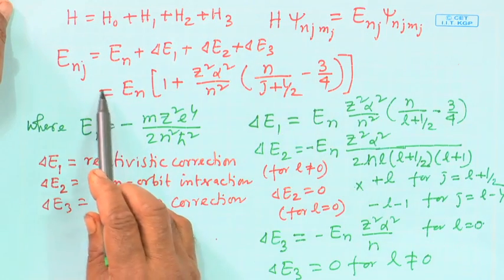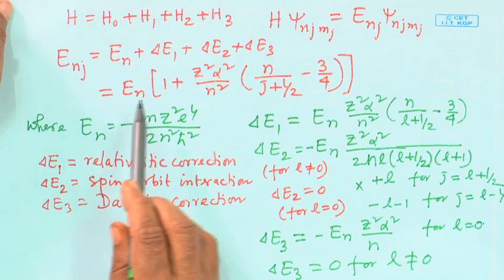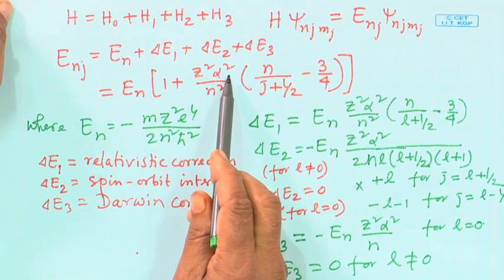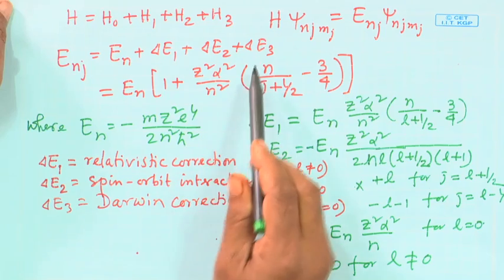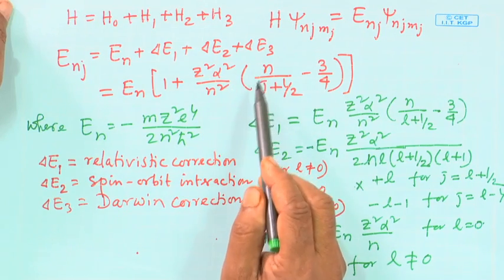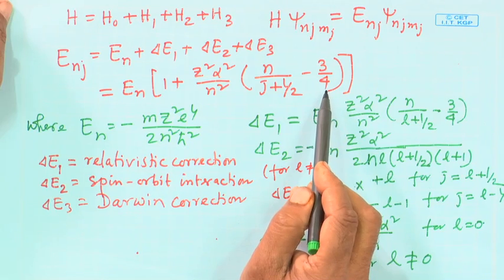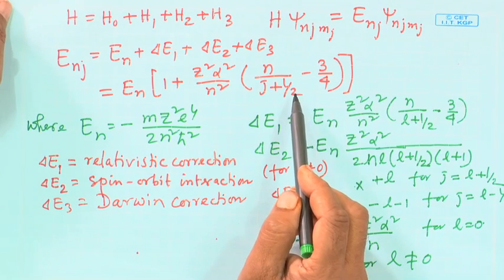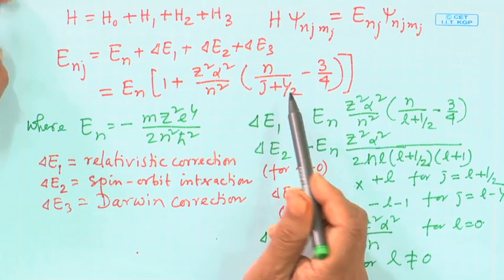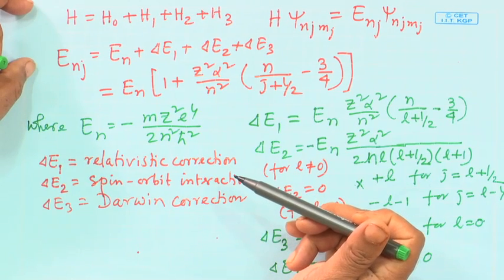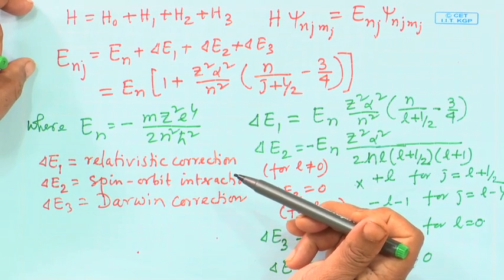If you add them, you get E n j equal to E n [1 plus Z square alpha square by n square into (n by (j plus half) minus 3 by 4)]. This expression I have already shown you earlier using the vector model. We considered LS coupling and modified the energy.